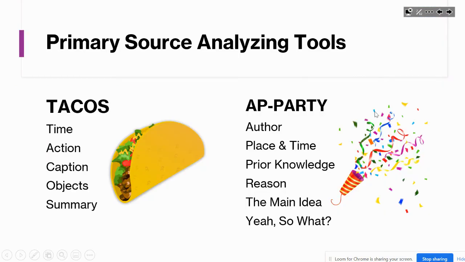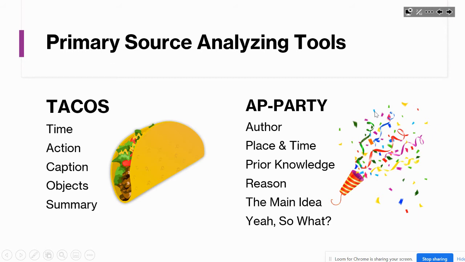So there are 2 tools that you can use to analyze primary sources. One tool is called TACOS, and the other tool is called AP Party. TACOS stands for Time, Action, Caption, Objects, Summary.